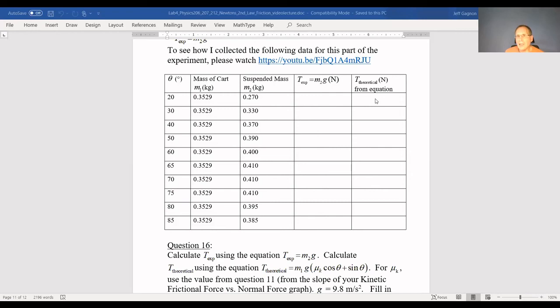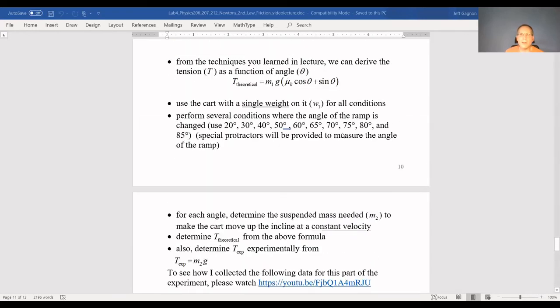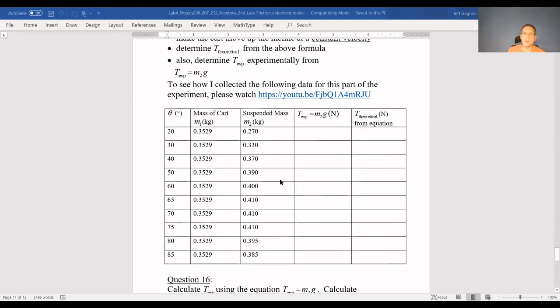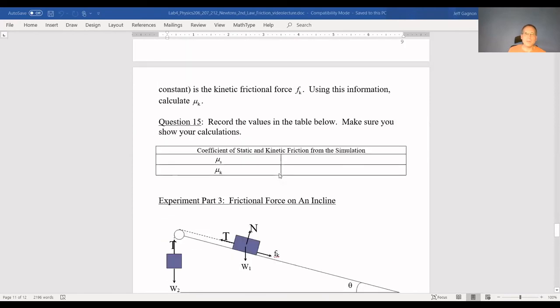And then the last column, the theoretical tension, that comes from this equation, right? So you're going to plug in the values. You need to plug in your different angles. For mu k, you're going to use the value from question 11 that came from the slope of your kinetic frictional force versus normal force graph. So use it from, where is it?